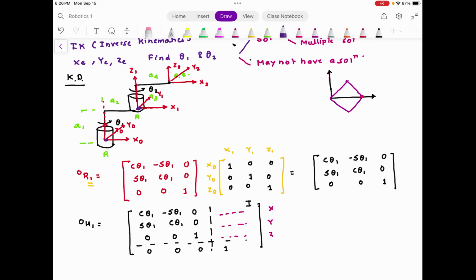This distance is A2, but that A2 is valid as long as your theta 1 is 0. So this is going to be A2 cosine theta 1. When theta 1 is equal to 0, you're just going to get A2. This is going to be A2 sine theta 1, and this is going to be A1.